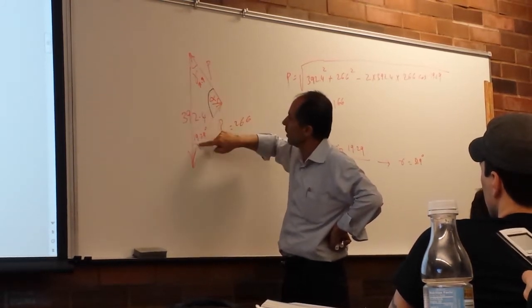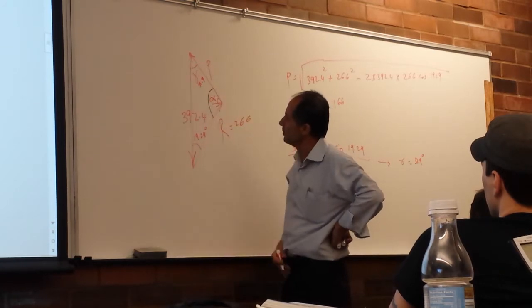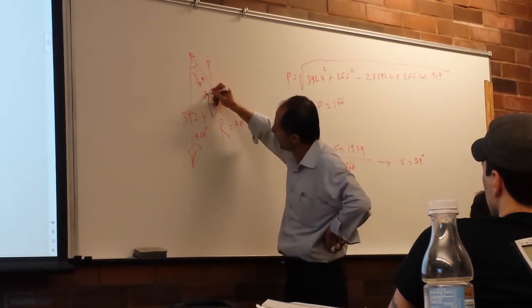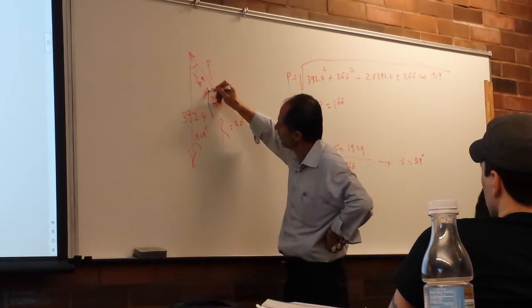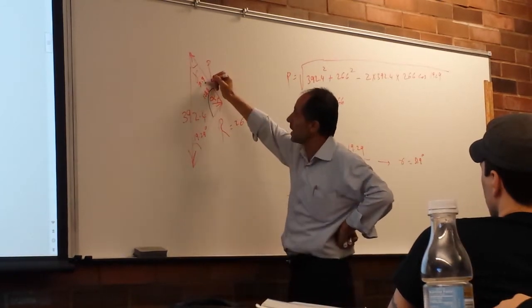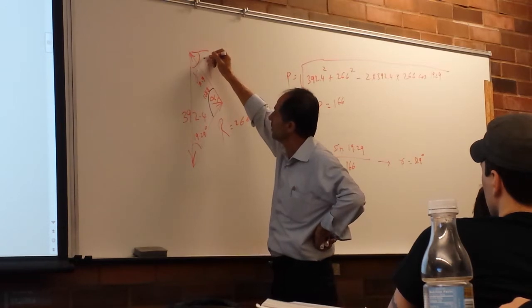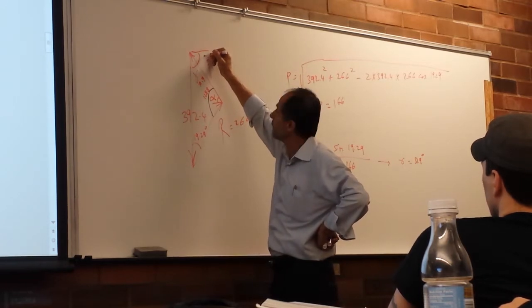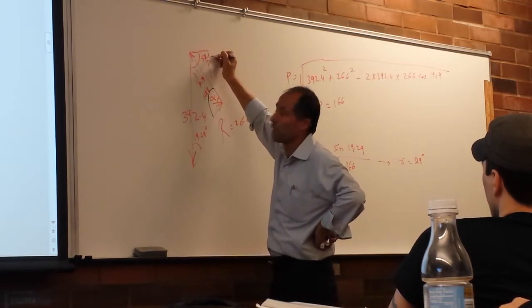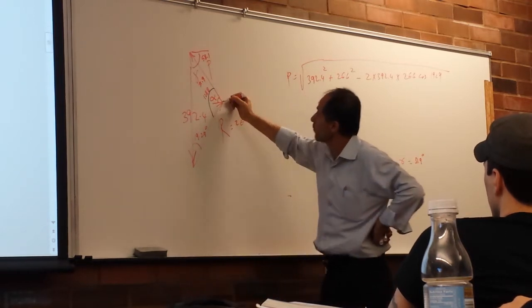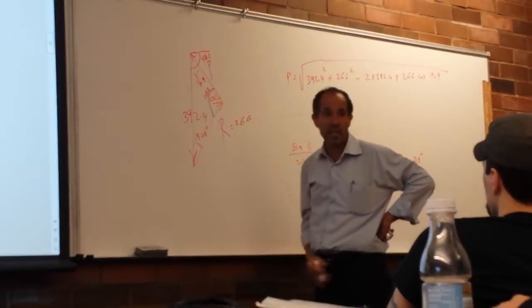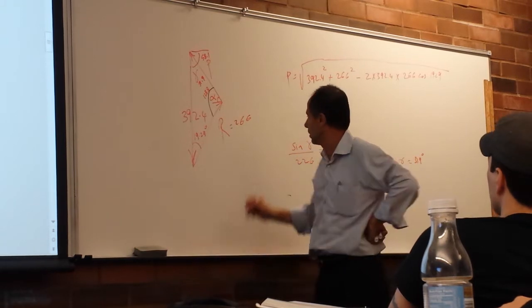This is 128.8. Look at this. If this is 31.9, what is this here? 58.1. Yep. That means alpha is 58.1, correct? Correct.